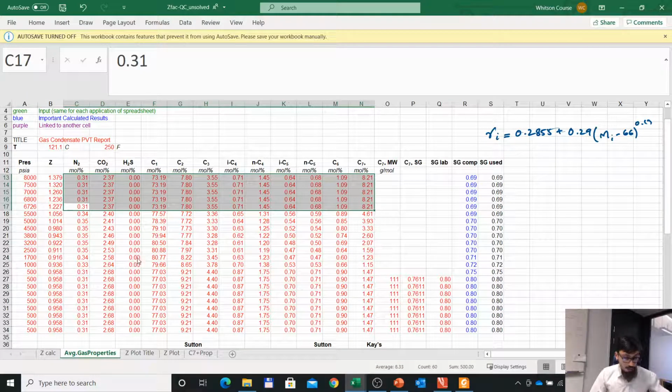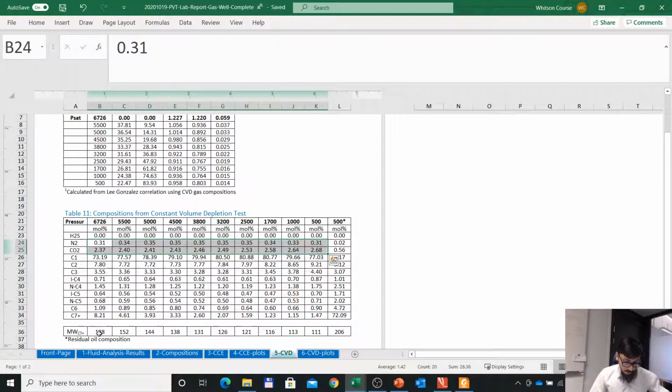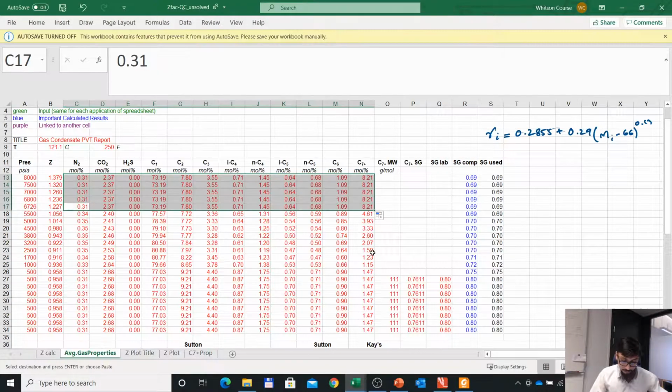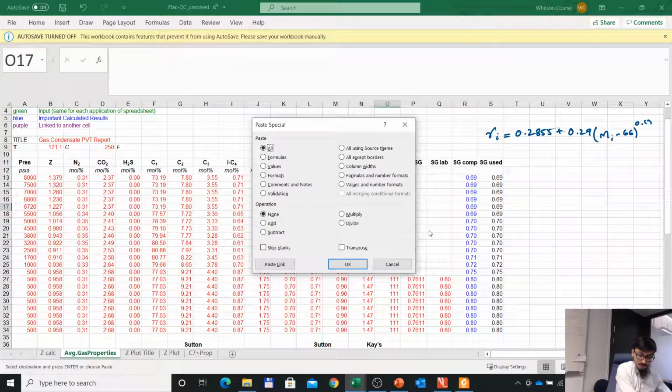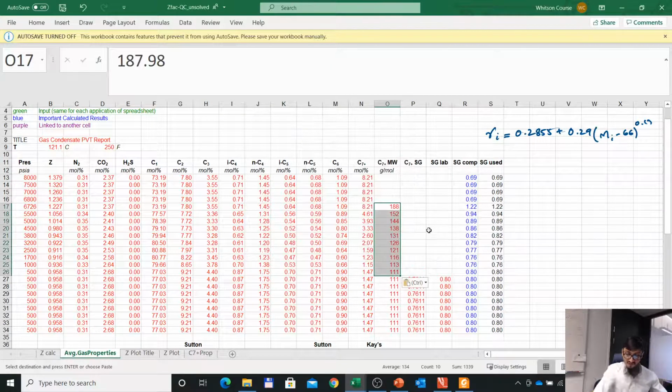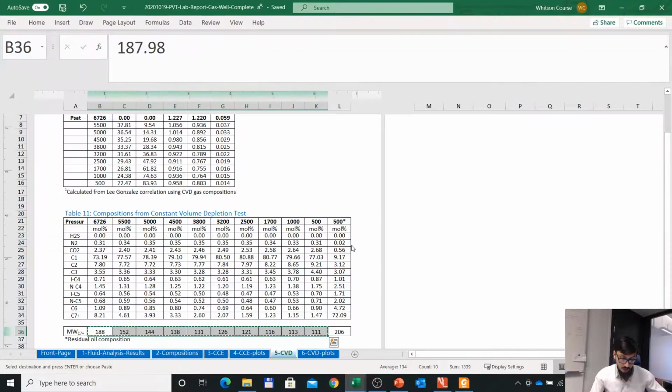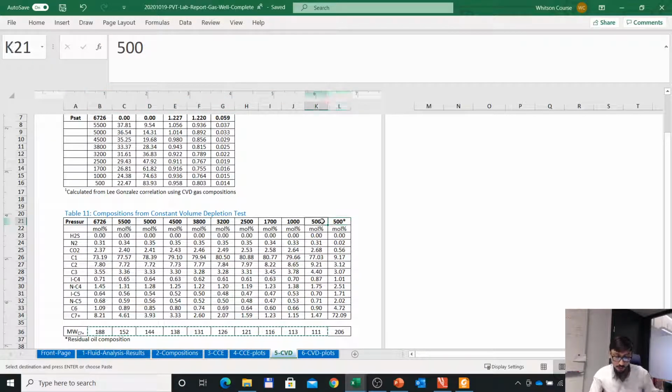Now the other information we have is the C7 plus molecular weight, which we again copy. One comment about this composition here: you see that there are two compositions reported at 500 psi and there is a star here.